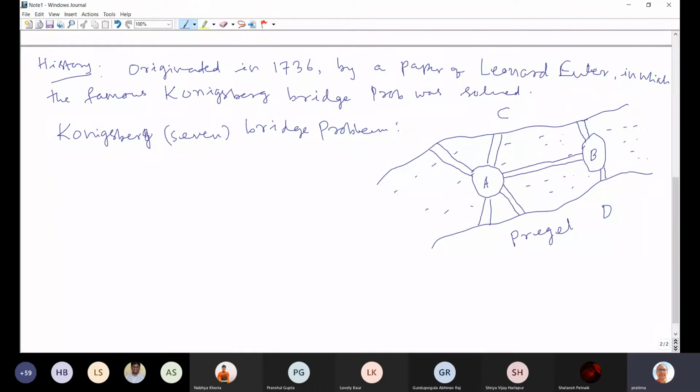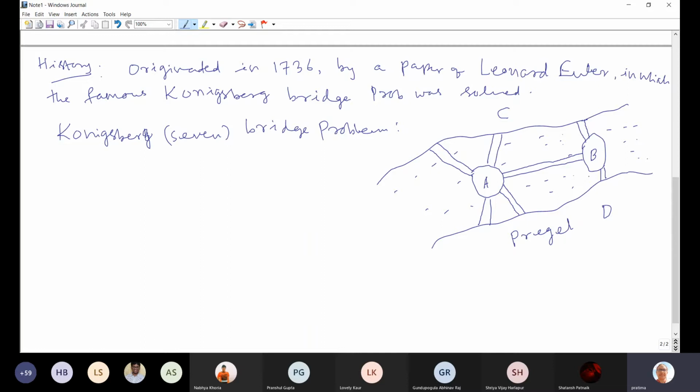There are four land areas we can think of: A, B, C, D. Start at any of the land areas, pass through every bridge exactly once, and come back to your place of origin.